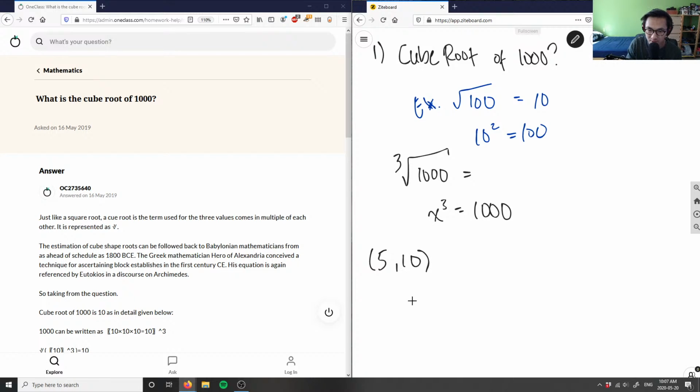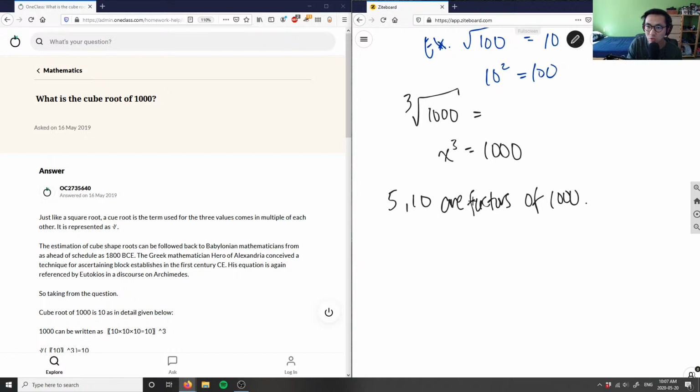So this is trial and error. What is 5 cubed?